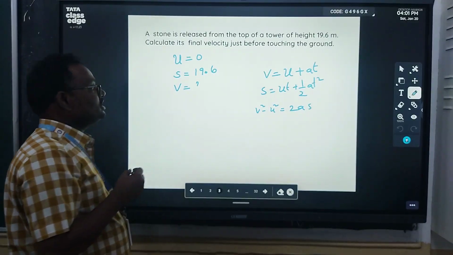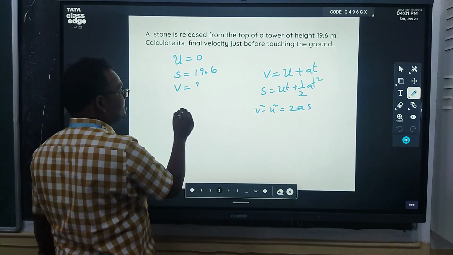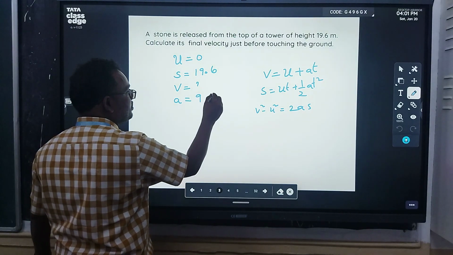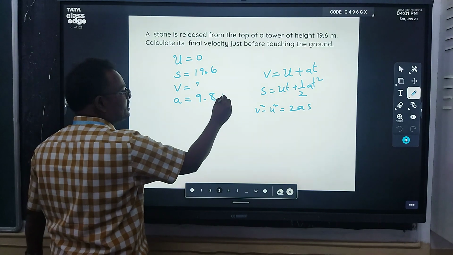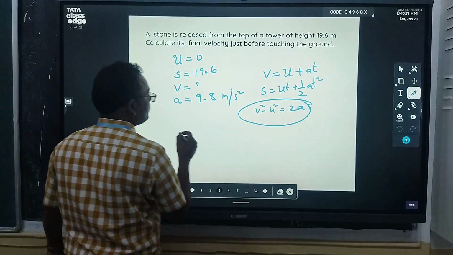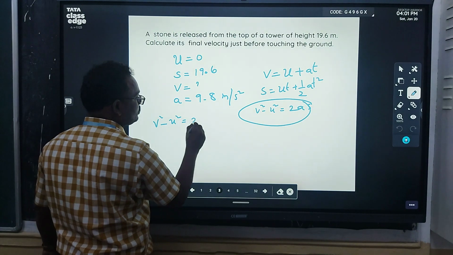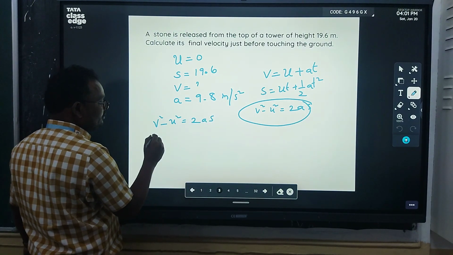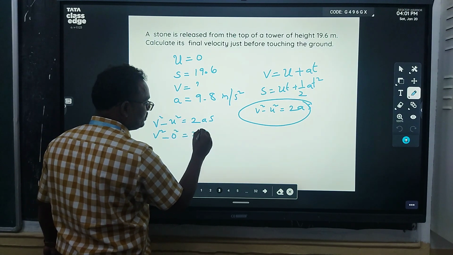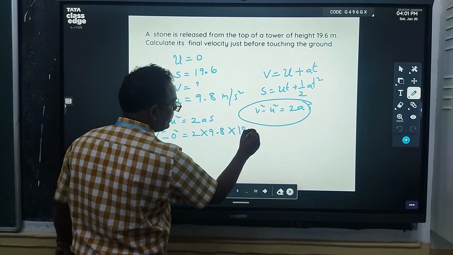In this, if we want to find out the final speed, we have to use the gravitational acceleration towards the ground, which is taken as 9.8 meter per second square. So if we substitute in the equation v square minus u square is equal to 2as, v square we don't know, so v square minus 0 square is equal to 2 into 9.8 into 19.6.